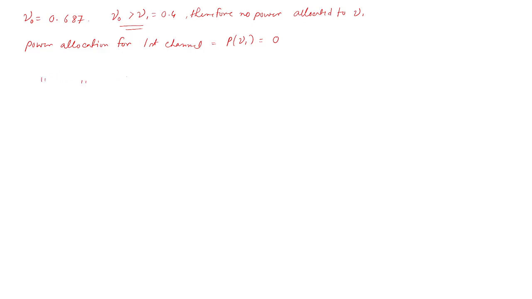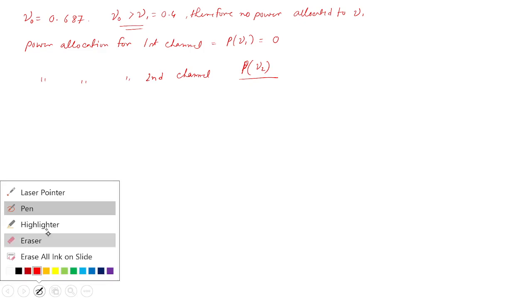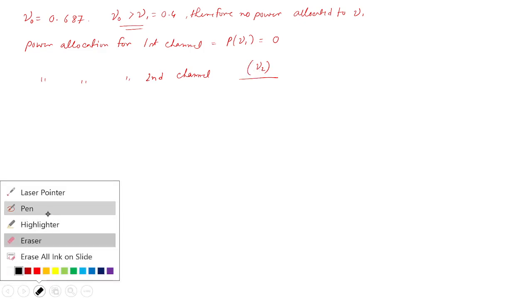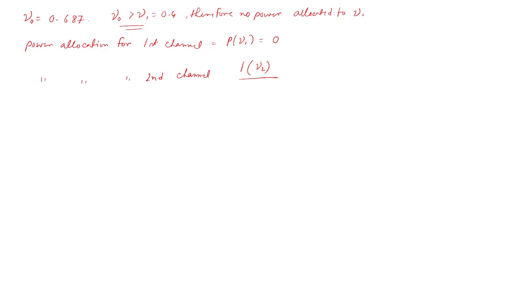Now the power allocated to the second channel, which is denoted by P of gamma 2. By the way, this is capital P, the power assigned to gamma 2, the average power.